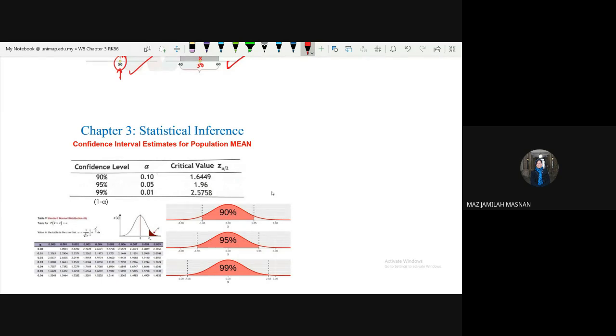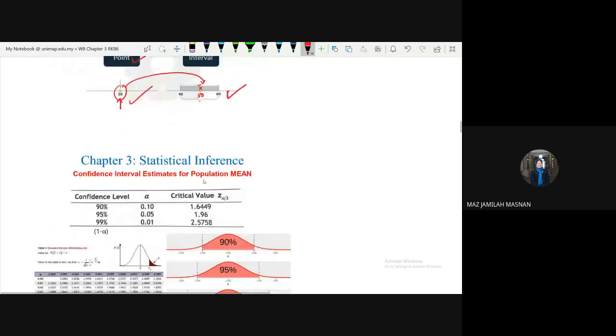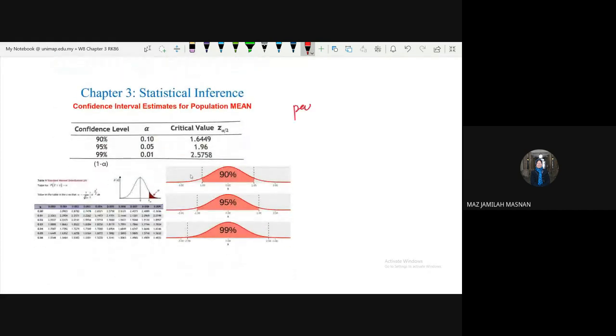So if you look at page 77, section 3.3 on inference for single population, we begin with an understanding of the point estimate. Sorry, you can look at page 78.